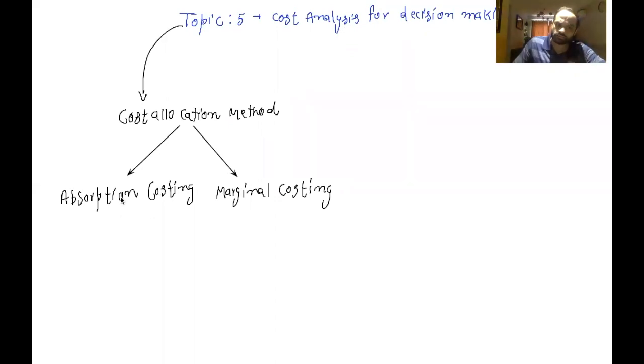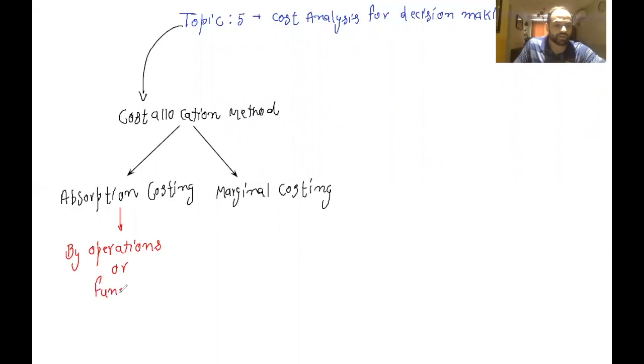So under the absorption costing method, we allocate cost by functions, or by operations, same thing.